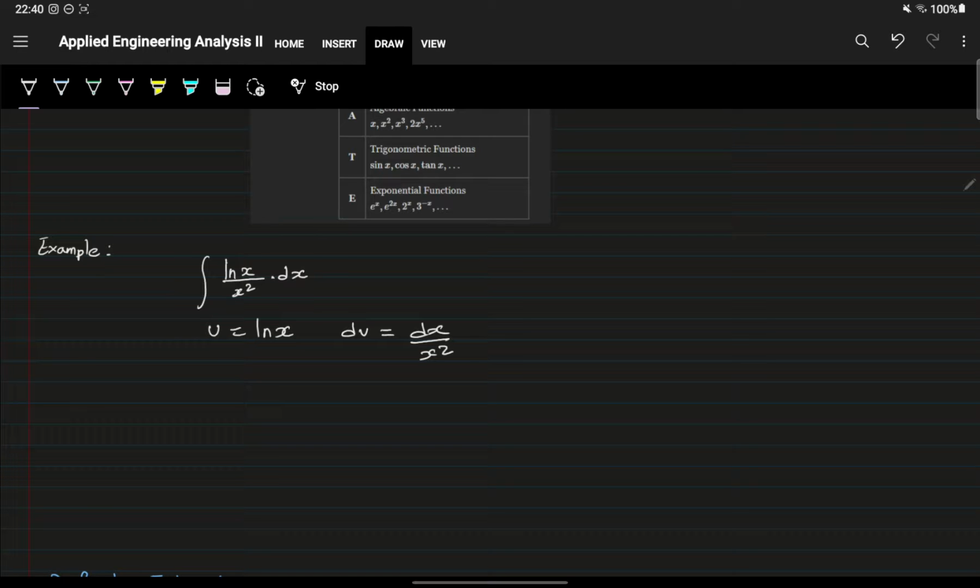Let's apply differentiation on both sides for u, which gives du as dx by x.